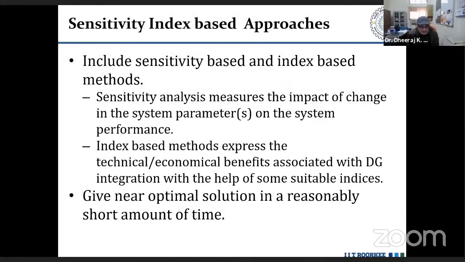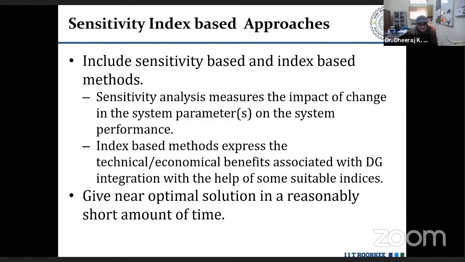So sensitivity is basically the impact of a change in a system parameter, it could be anything, losses or voltage profile, on system performance. Like, suppose we inject power at a bus, what is its impact on the performance of the system?